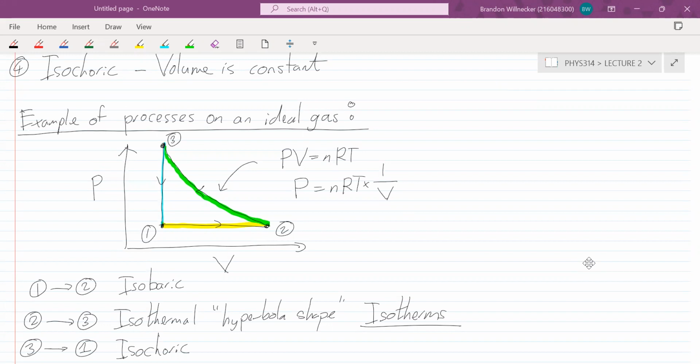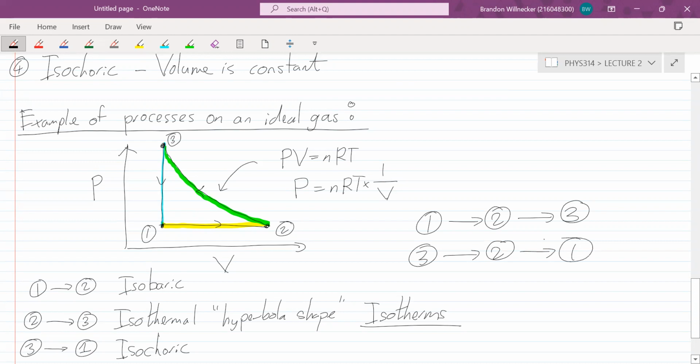Yeah, so if you've got the path 1, 2, 3, then the reversible one would be 3, 2, 1. You just look at it going backwards. So it's not reversible if it were to go from 3 to 1. Yeah, no, that's a separate path, so that's not a reversible path. Okay.